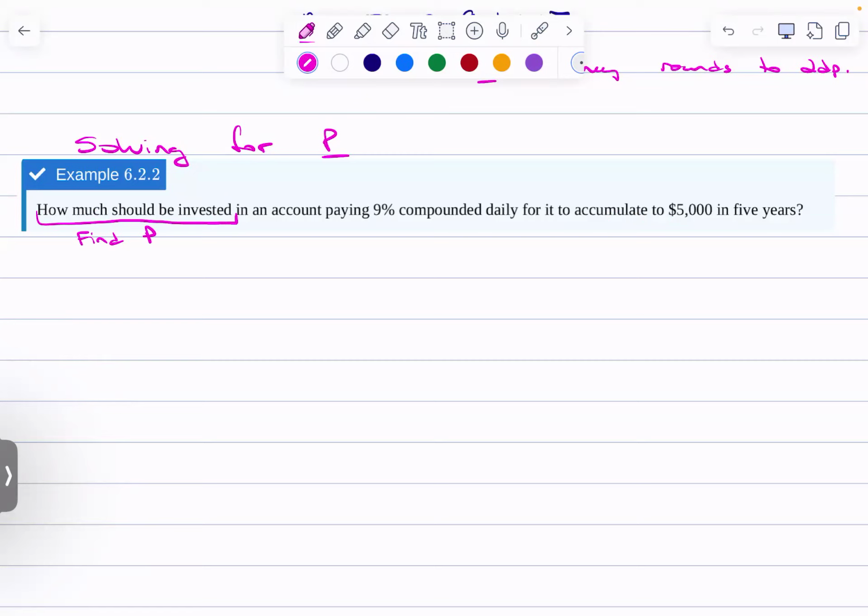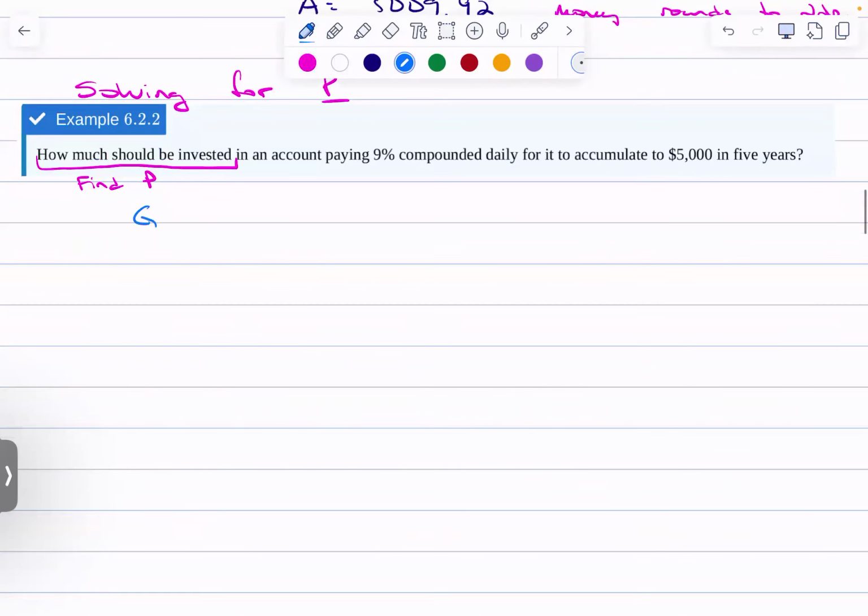Just as before, we're going to list all the things that we've been given, for some clarity. We've been given the rate, 9%. R is 0.09. Compounded daily. And remember, we say daily is 365 compoundings per year.